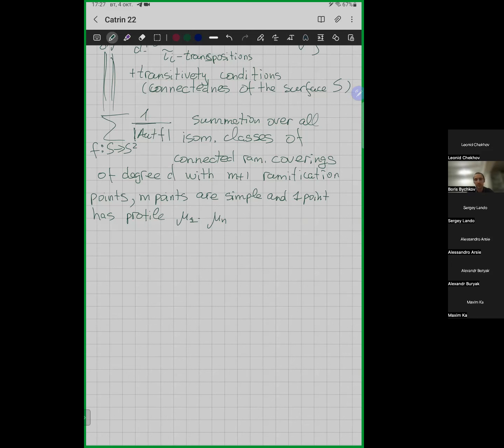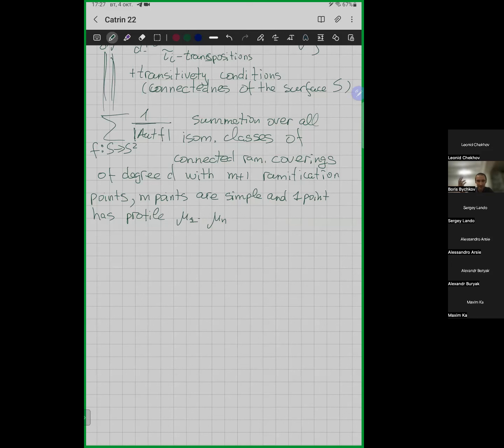For Hurwitz numbers there is also a character formula, and a way to count them using the representation theory of the symmetric group. But topological recursion for Hurwitz numbers and their generalizations also has some very nice properties.